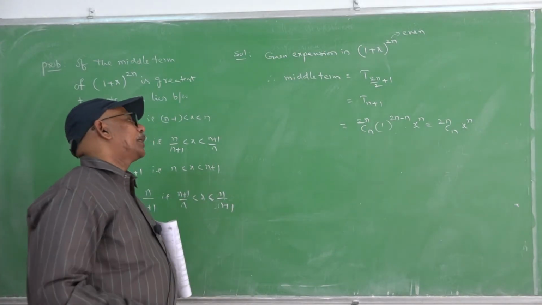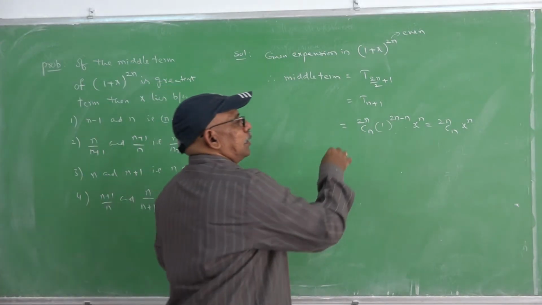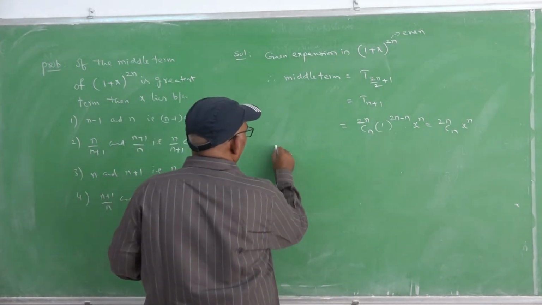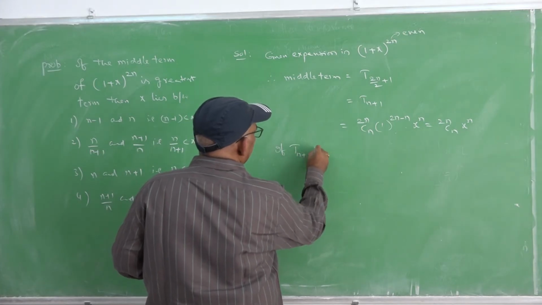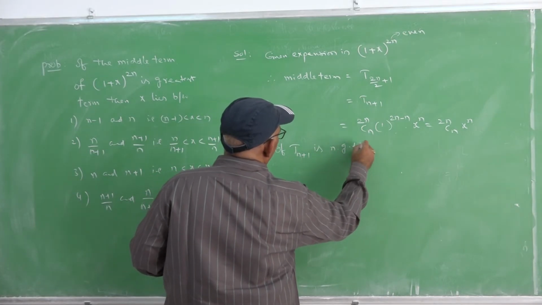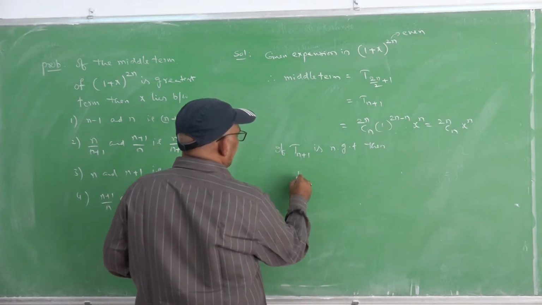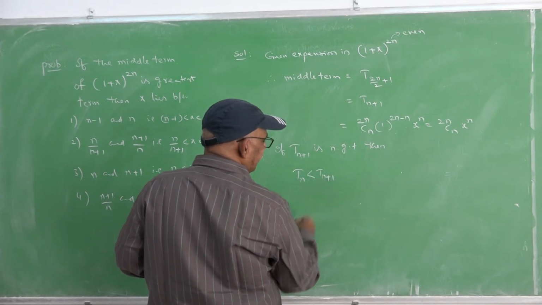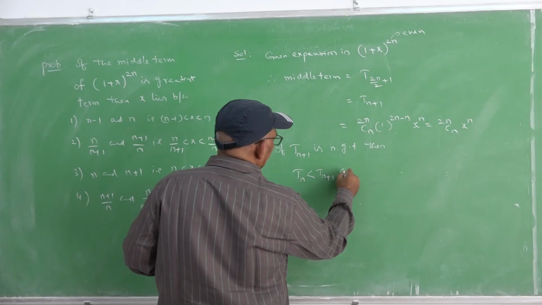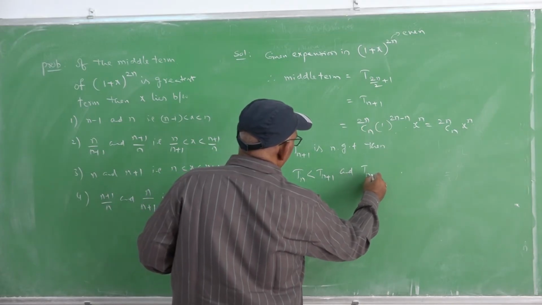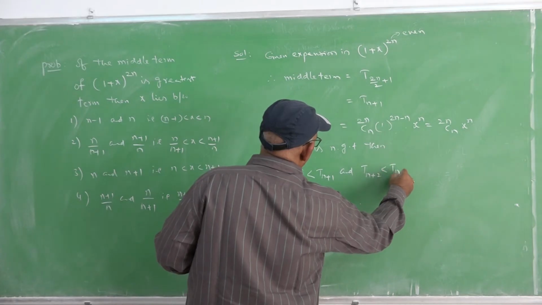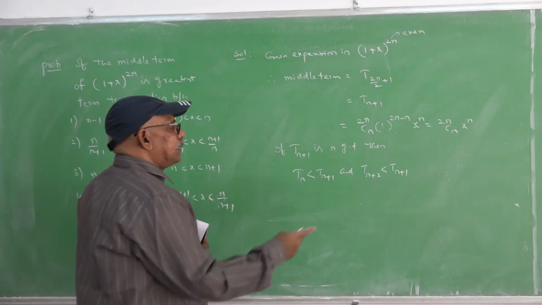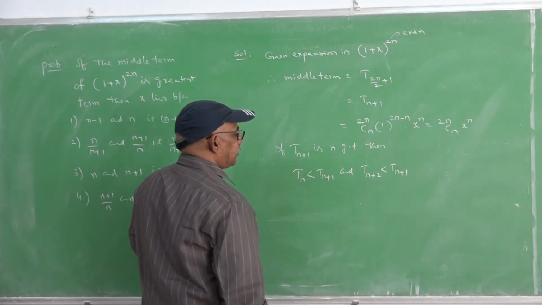Once this is the numerically greatest term of the expansion, if T(n plus 1) is the numerically greatest term, then Tn is less than T(n plus 1) and T(n plus 2) is also less than T(n plus 1). The next term is also less than that term and the previous term is also less than that term.